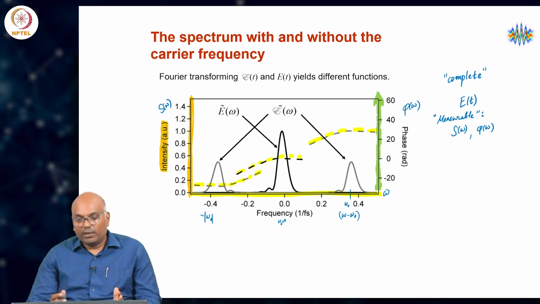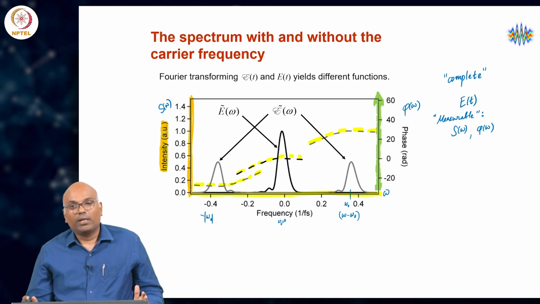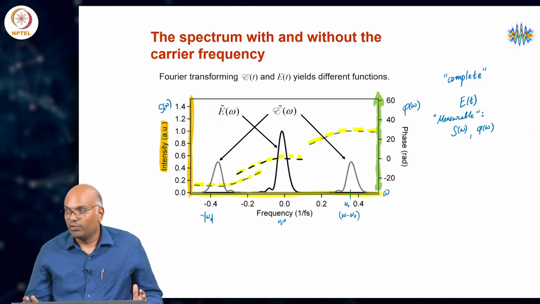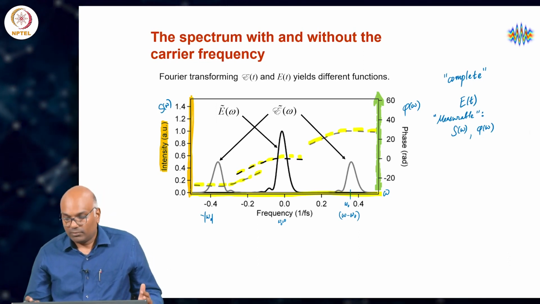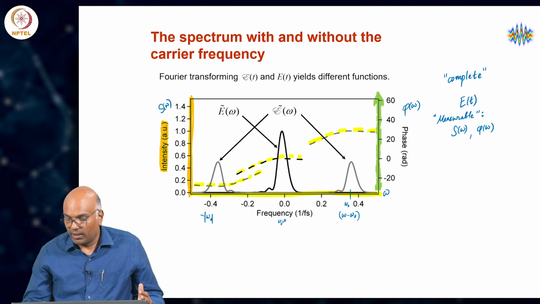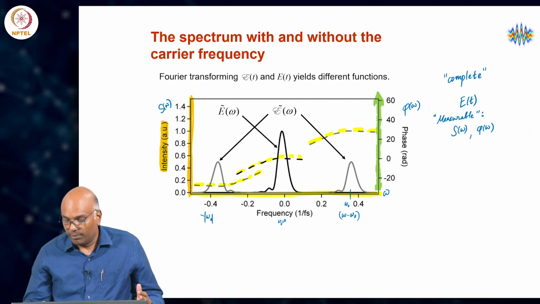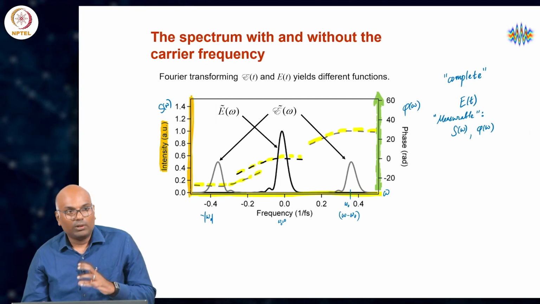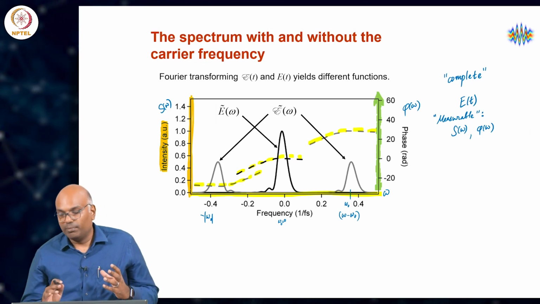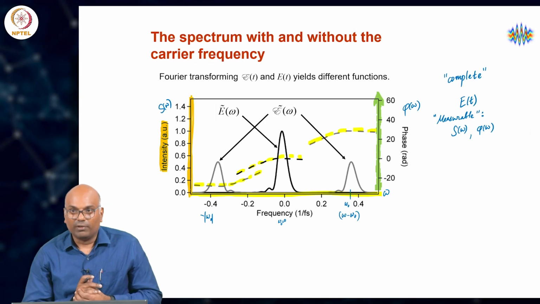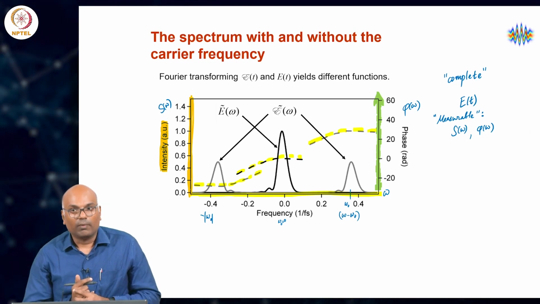But the whole point is that these two quantities S of omega and phi of omega are both measurable, and more importantly, they carry the complete information that we need to know about this kingpin, the royal emperor E of t, about whom we want to know everything that can be known.